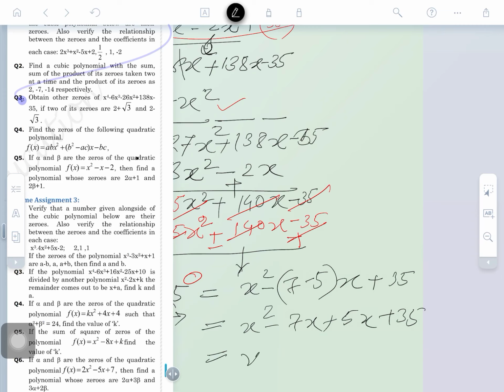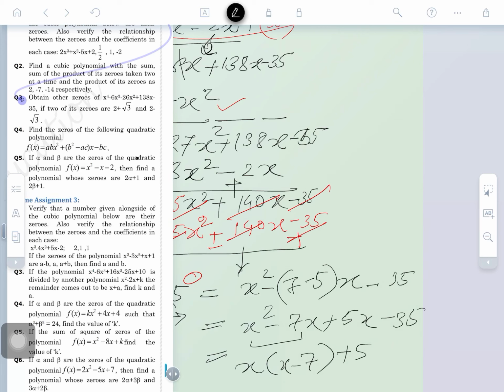So in x square minus 7x, what is common in these two terms? x is common, giving x minus 7, and in the other two terms, 5 is common. This is minus 35, okay.